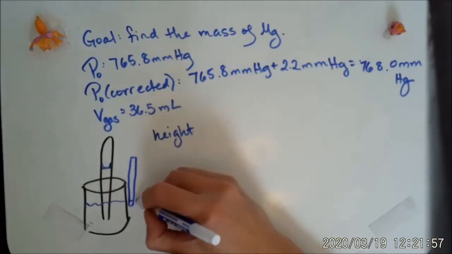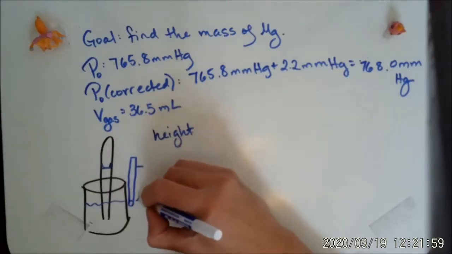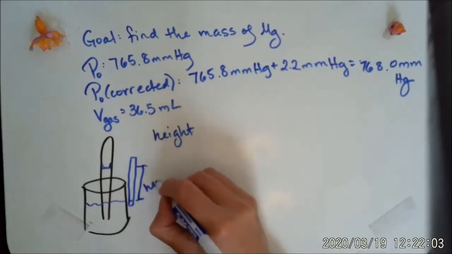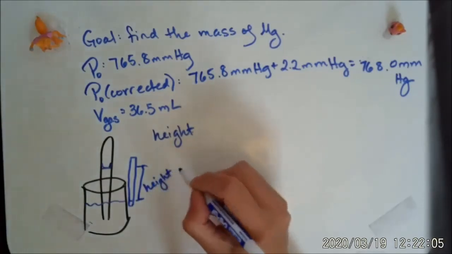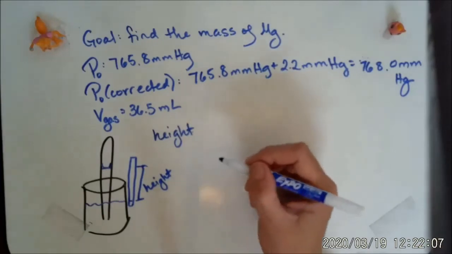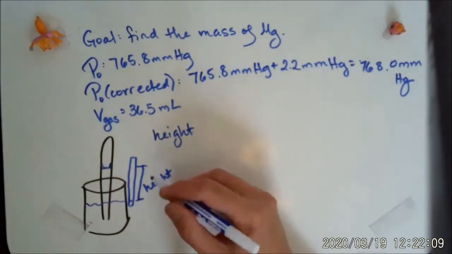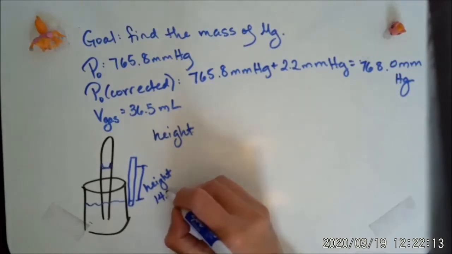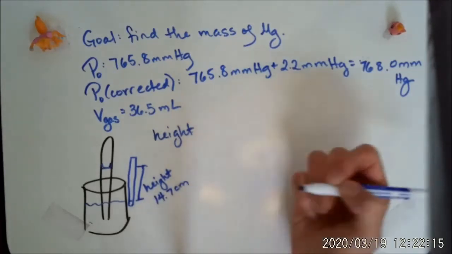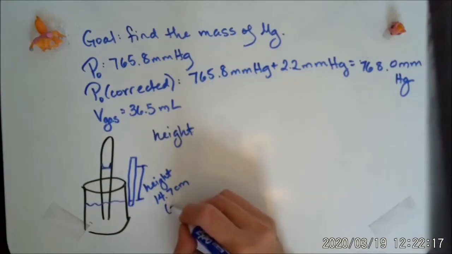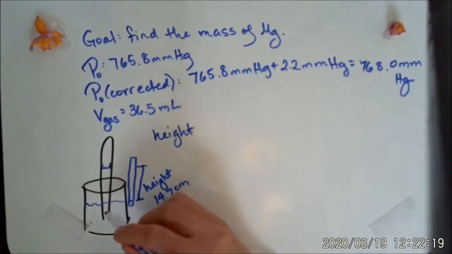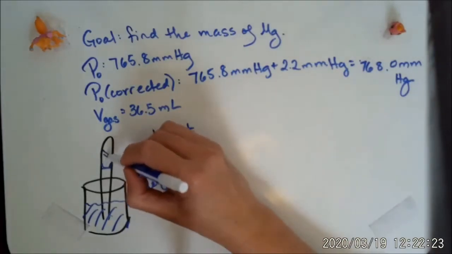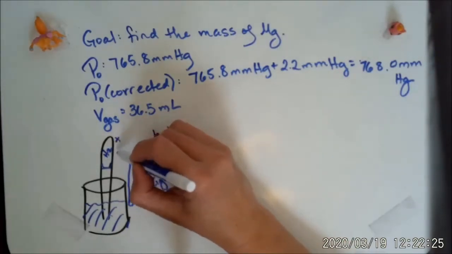Okay, so suppose this height was, oh, let's just say it's 14.7 centimeters. Okay, now this is, by the way, we're using water, because aren't we collecting our gas H2 over water?